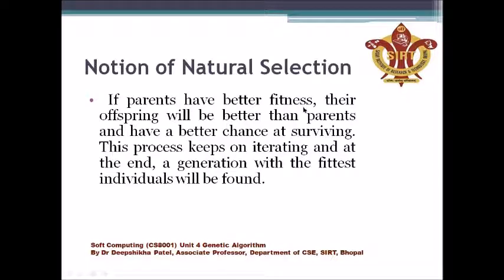If parents have better fitness, their offspring will be better than the parents and have a better chance of surviving. So here we follow the law of survival of the fittest. Those individuals who are fit will survive.